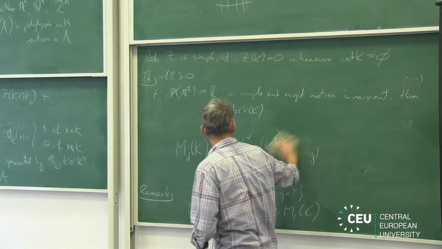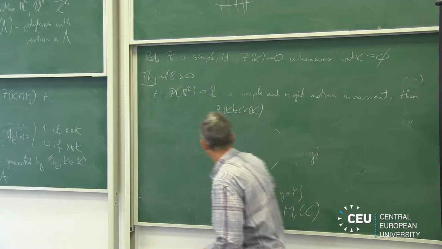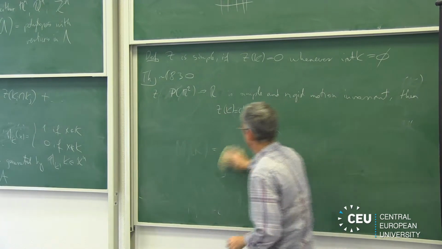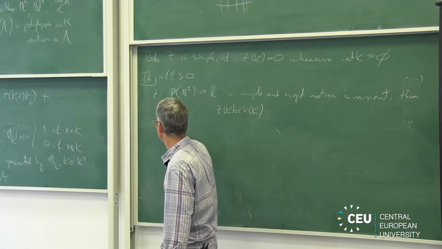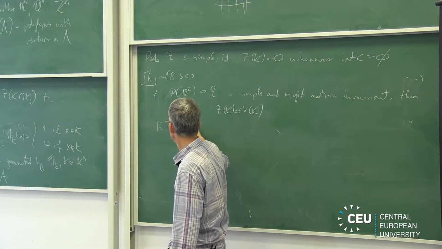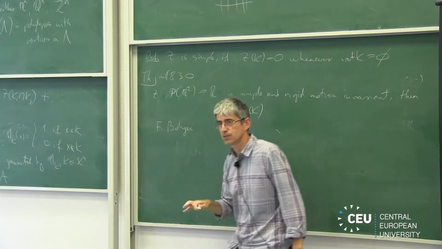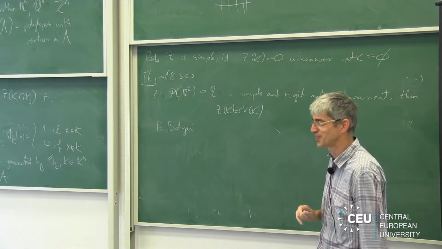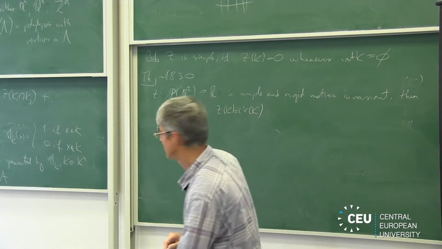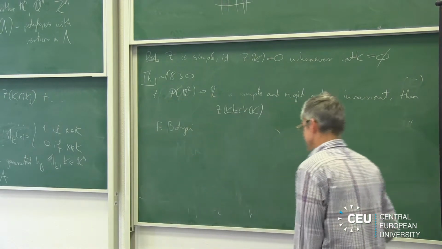So the actual statement, it wasn't this. The actual statement is due to Farkas Bolyai, the father of János Bolyai, who is one of the fathers of hyperbolic geometry. You know, hyperbolic geometry has 3 fathers.